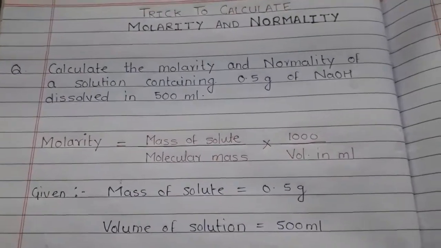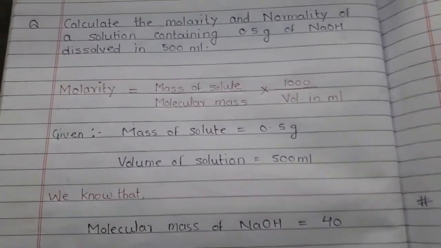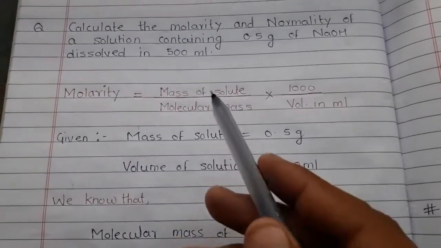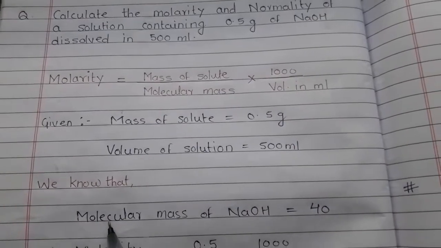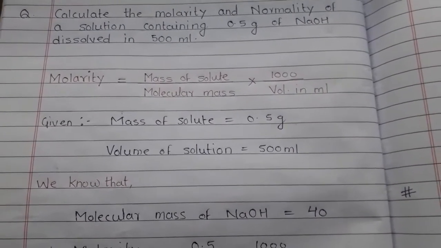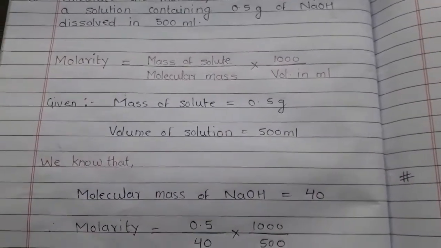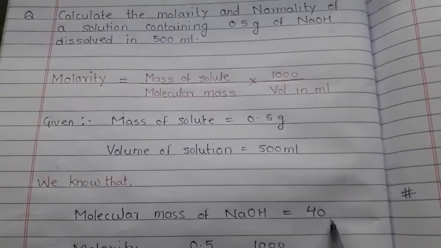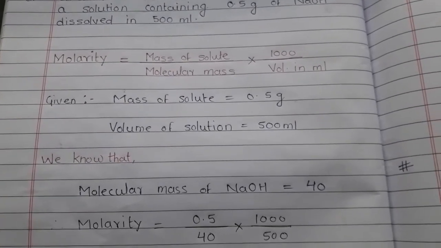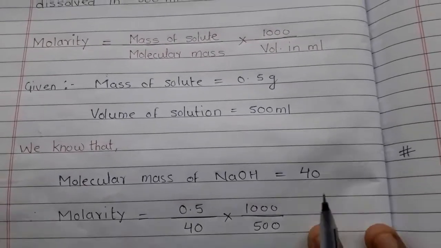One more thing we should know is the molecular mass of NaOH, which is 40. So we will put the values in the formula and we will get the correct answer.